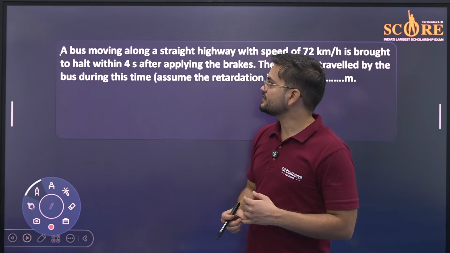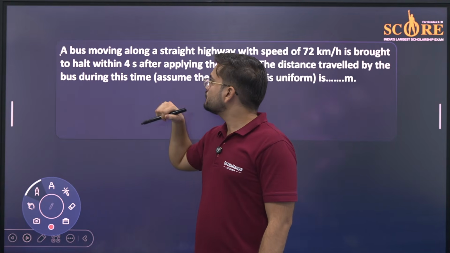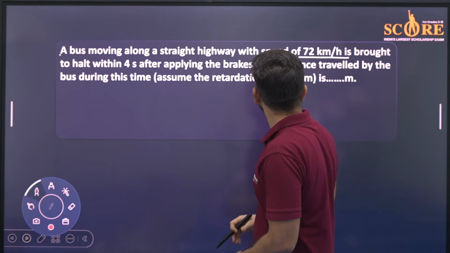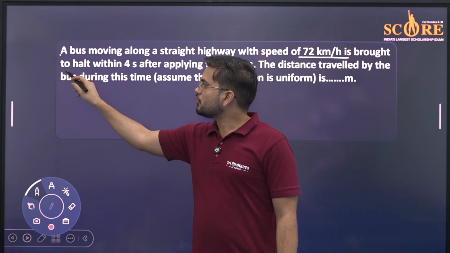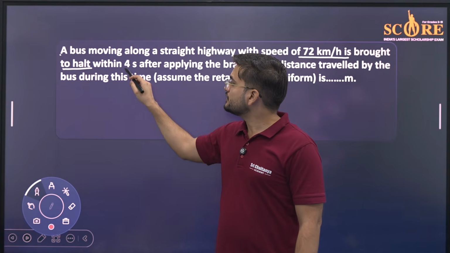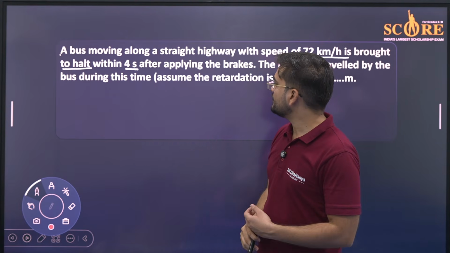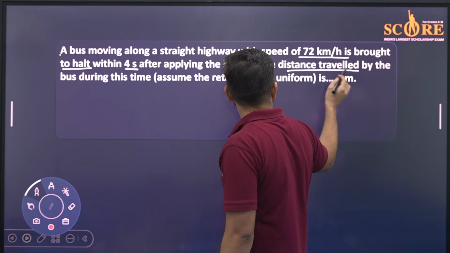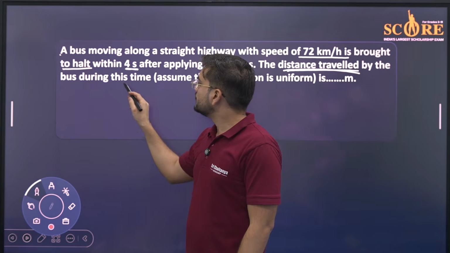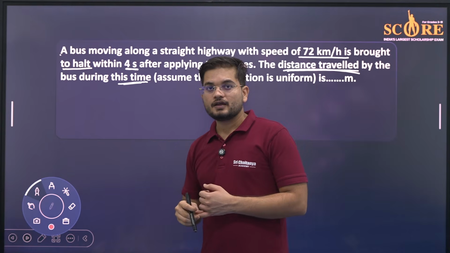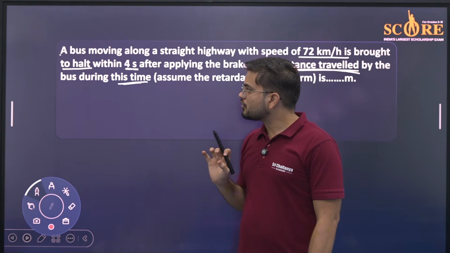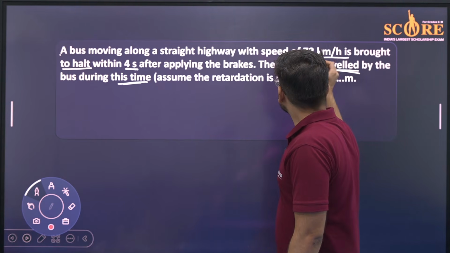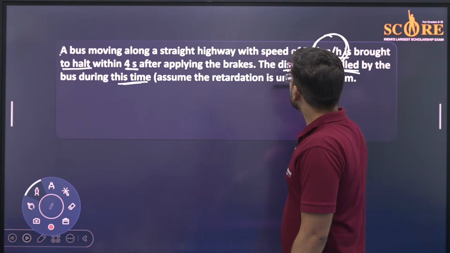The next problem is, a bus moving along a straight highway with speed 72 km per hour is brought to a halt within 4 seconds after applying brakes. Find the distance traveled by the bus during this time. In this problem, formula is not the problem. The problem is unit.